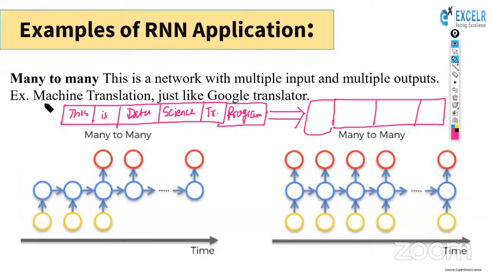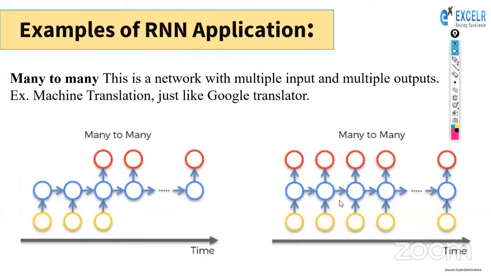That is machine translation, where you have multiple words as the input and you're generating multiple words as the output. We are transforming this sequence of words from one language to another, right? So this is a typical architecture of many to many mapping.